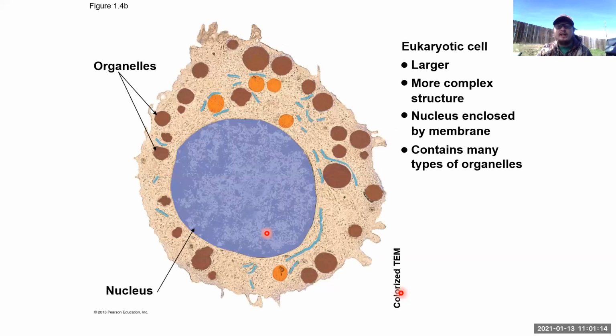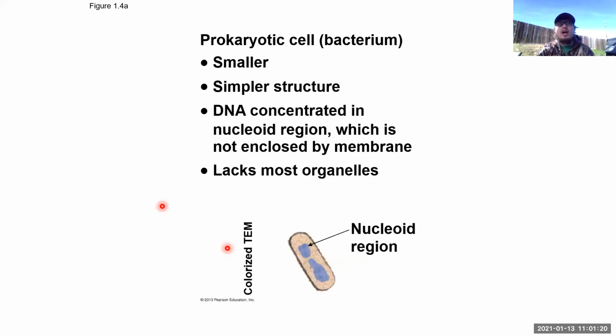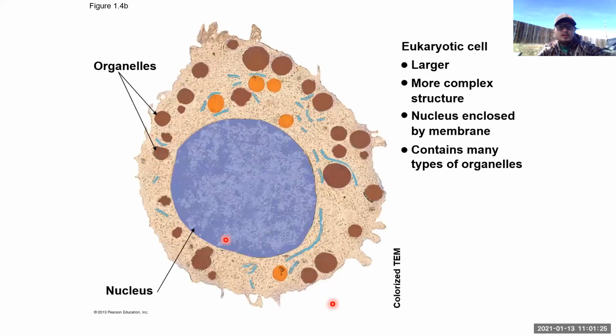Whereas a eukaryotic cell is much larger. This is a lot larger than the prokaryotic cell shown in this picture. This eukaryotic cell is also much more complex. It has organelles and a nucleus. They can form multicellular organisms, and they have a nucleus that's enclosed by a membrane.